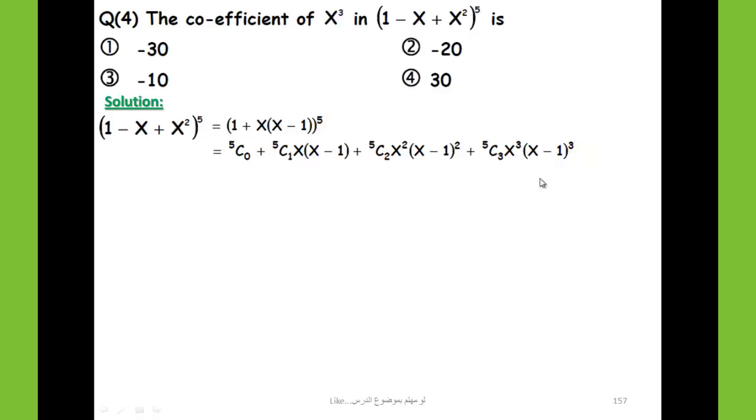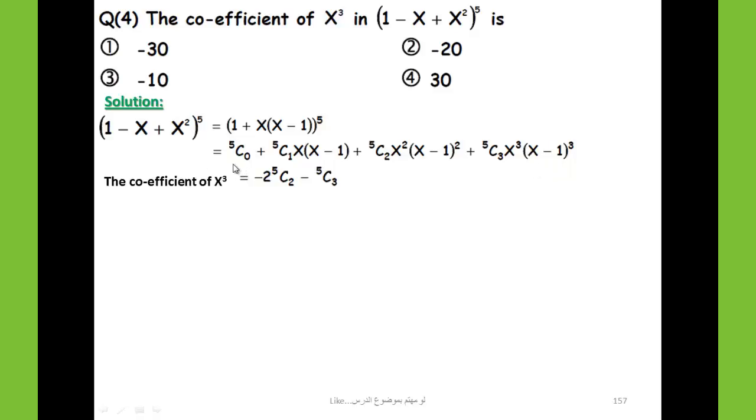The required is the coefficient of x power 3. So in the next terms the powers will be greater than 3. It will be 4 and 5 and so on. So we stop here. So the coefficient of x power 3 equals the coefficient in this term plus the coefficient of the fourth term.